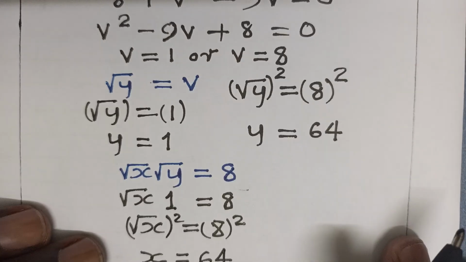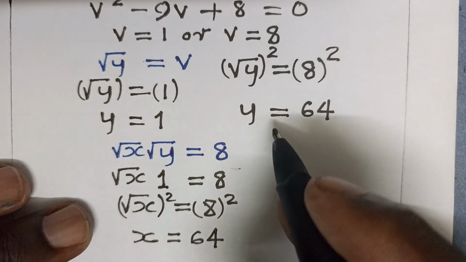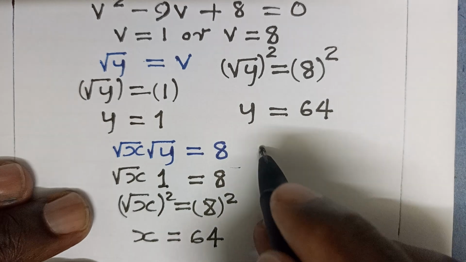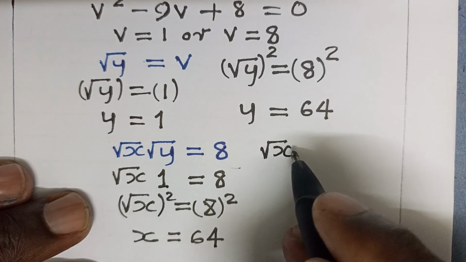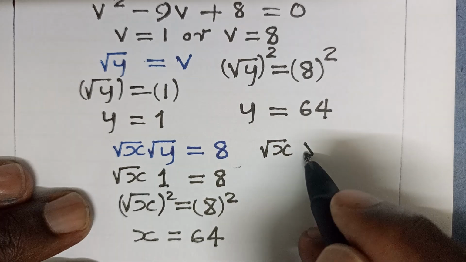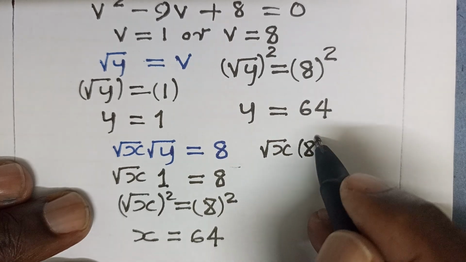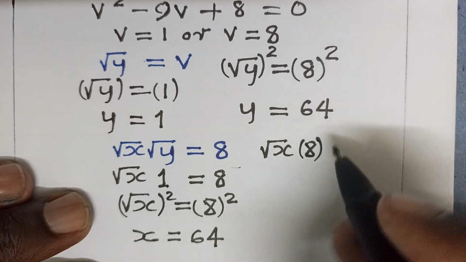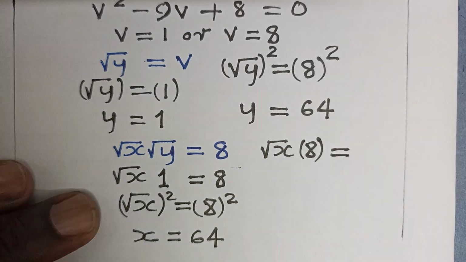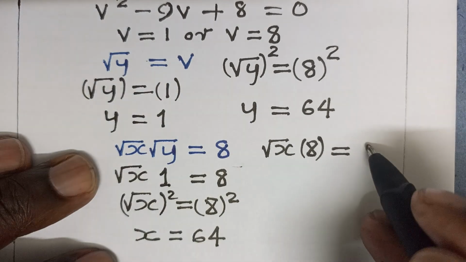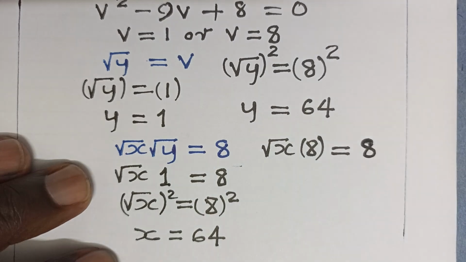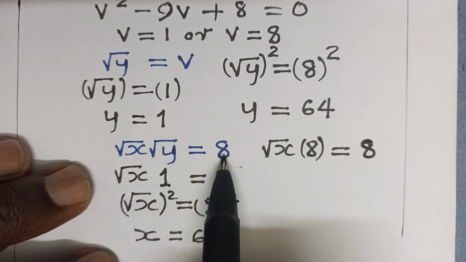Guys, now coming to the other side, whereby we are saying y equals 64, we shall have square root of x times square root of y, which is square root of 64, which is 8. And this is now equal to 8, because this is the equation we are using.